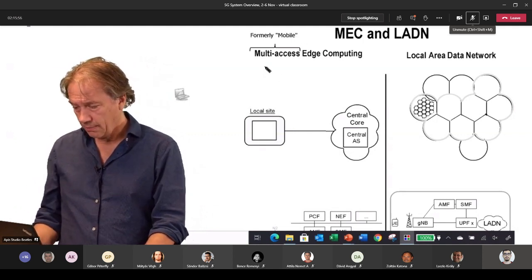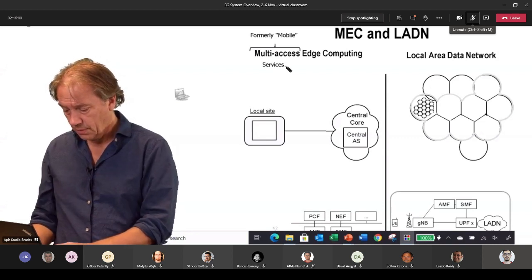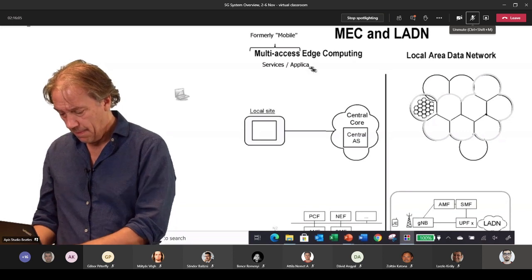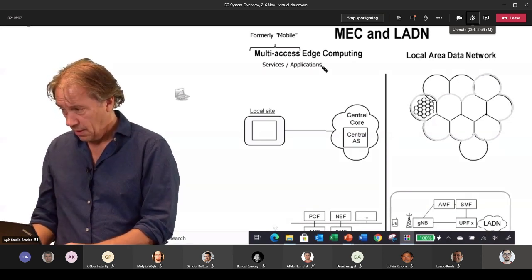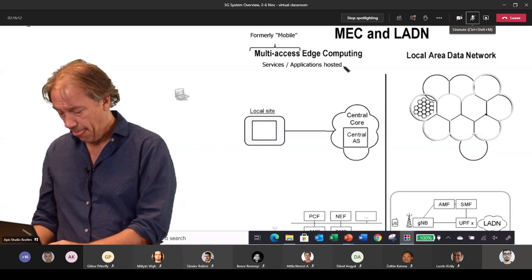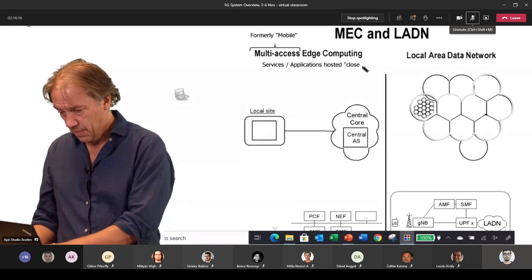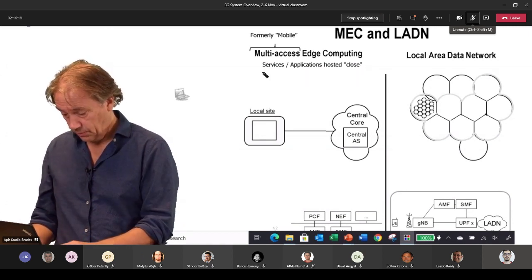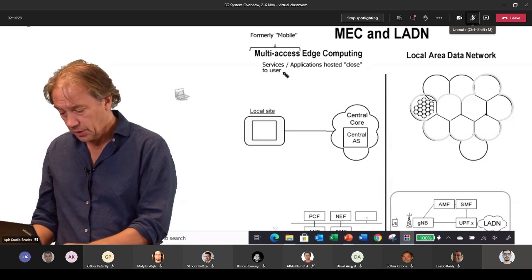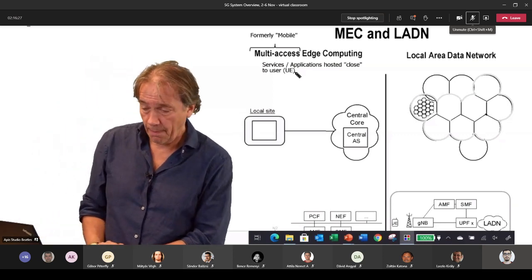So services or applications, if you like, hosted close to the user, and in our case, the user would be a user equipment.